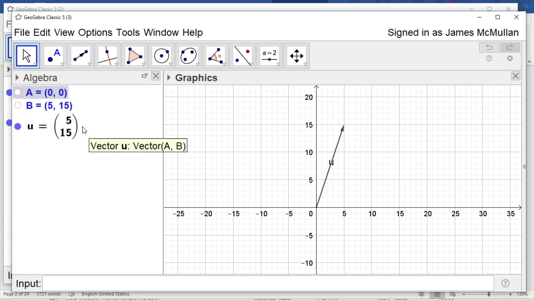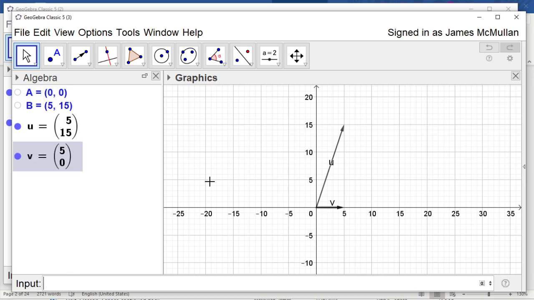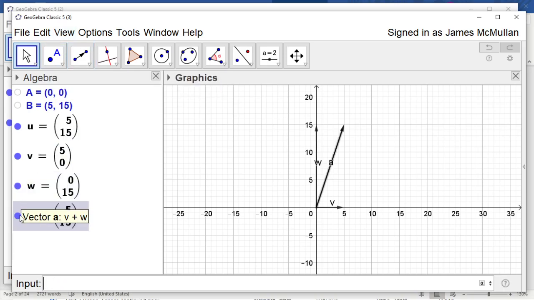right? So you know that that's a perfectly good way of describing this vector, because vector u could be considered to be the sum of a vector here. So let's make vector v (5, 0), and then vector w (0, 15). And we know that vector u is the sum of those two vectors, right? When I add the two vectors together, I get the exact same thing as vector u. We talked about this going both ways.